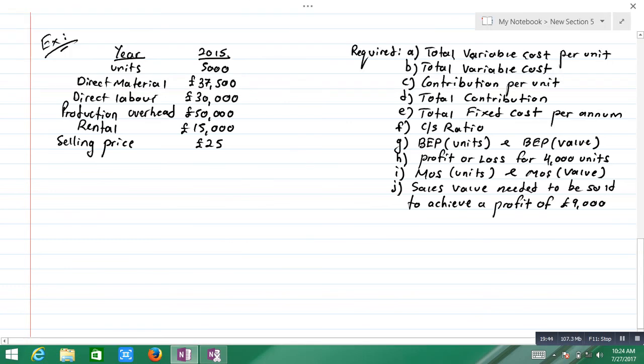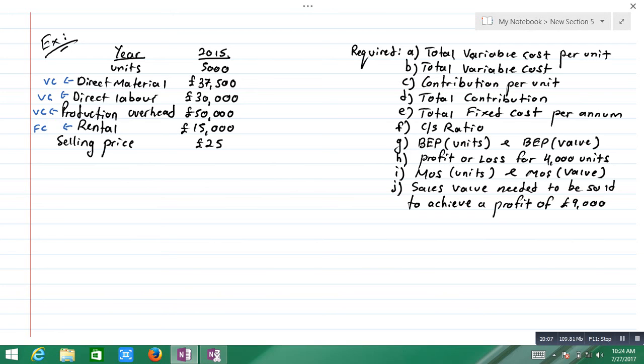Now the first one, they were asking for total variable cost per unit. So what we need to do is, all this is already in total variable.